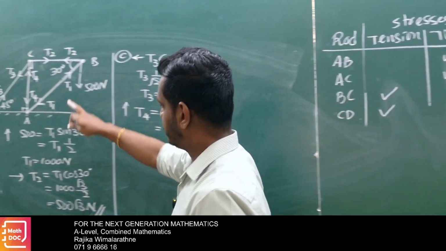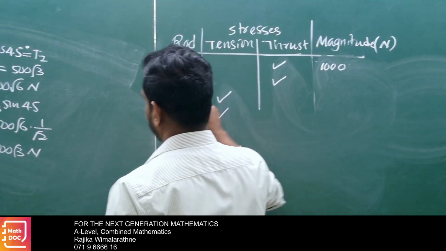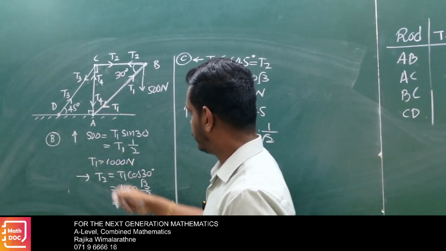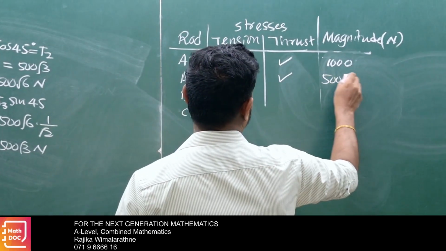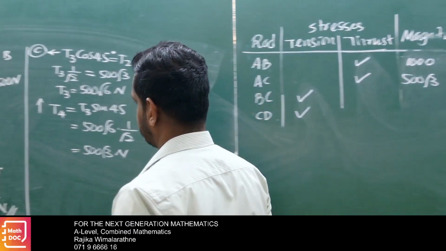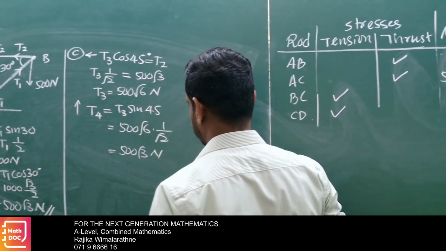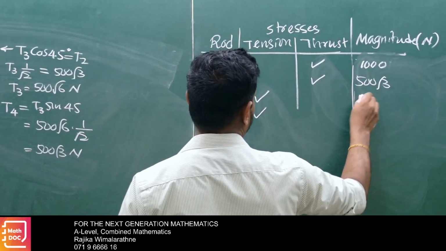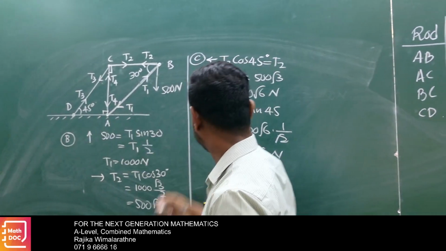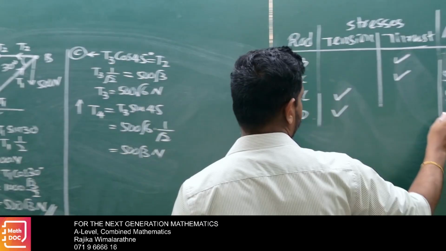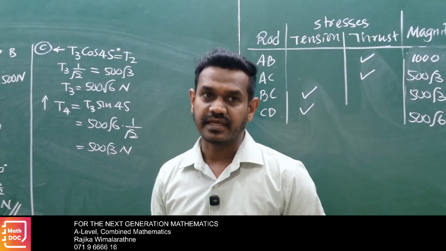Then AB is T1, 1000 newtons. AC is T4, 500 root 3 newtons. BC is T2, 500 root 3 newtons. CD is T3, 500 root 6. Okay, finally you complete the table.